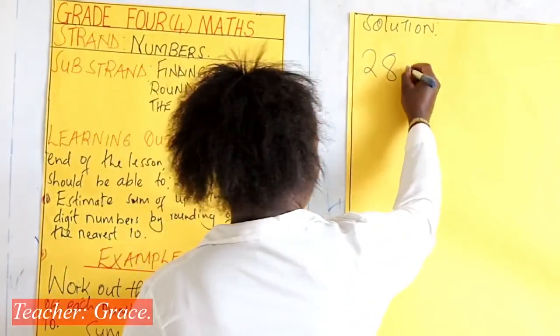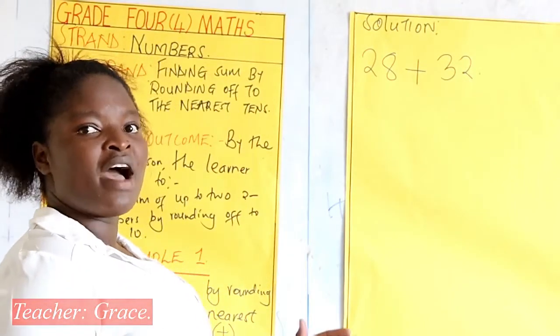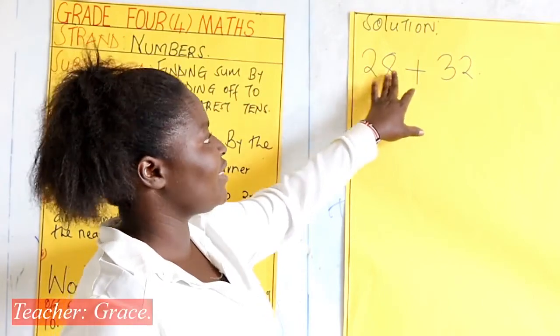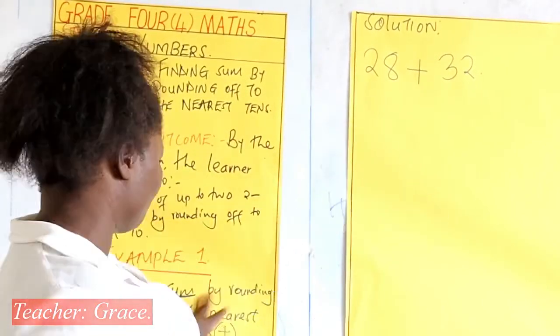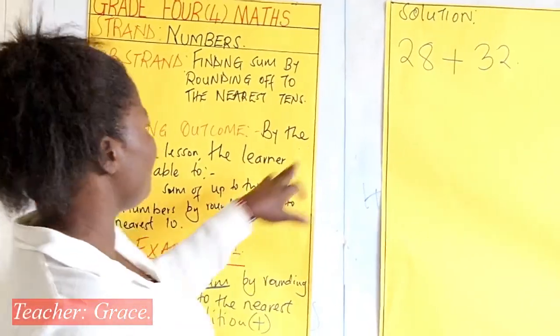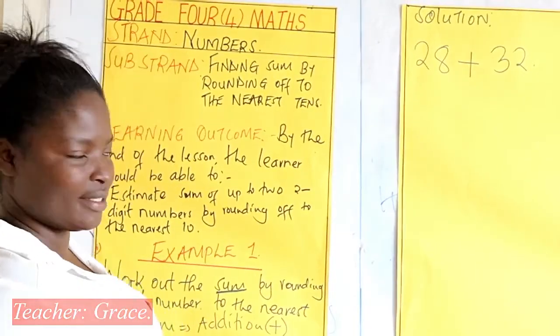Very correct. Learners, you have given me 2-digit numbers. The first one is 28 and the second one is 32. Now let us go back to our question. We want to work out the sum by rounding off each of these numbers to the nearest tens.